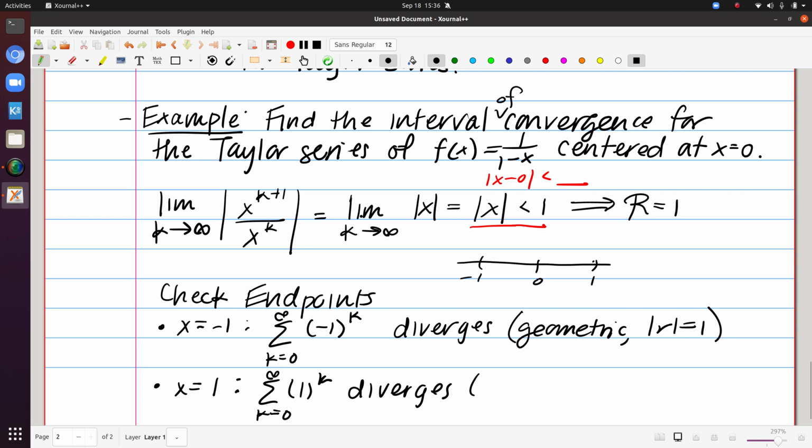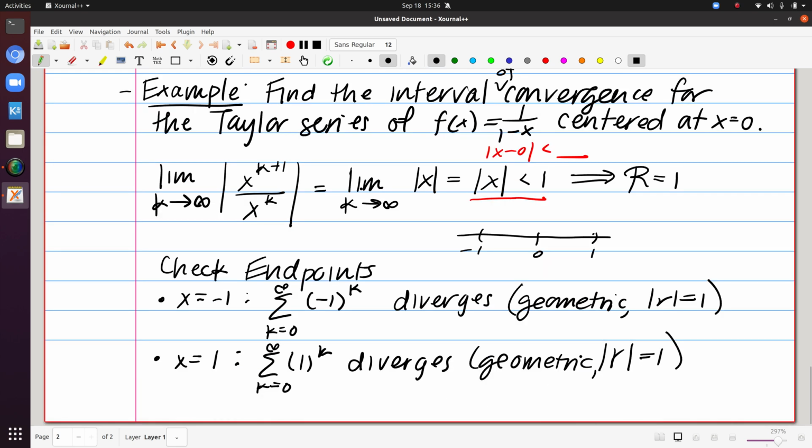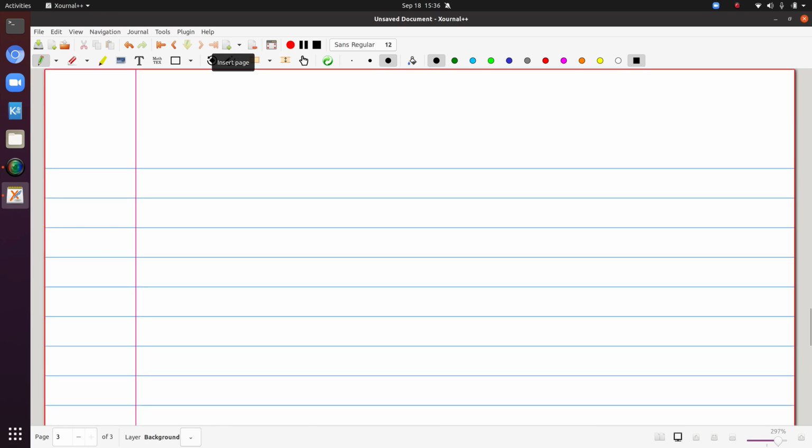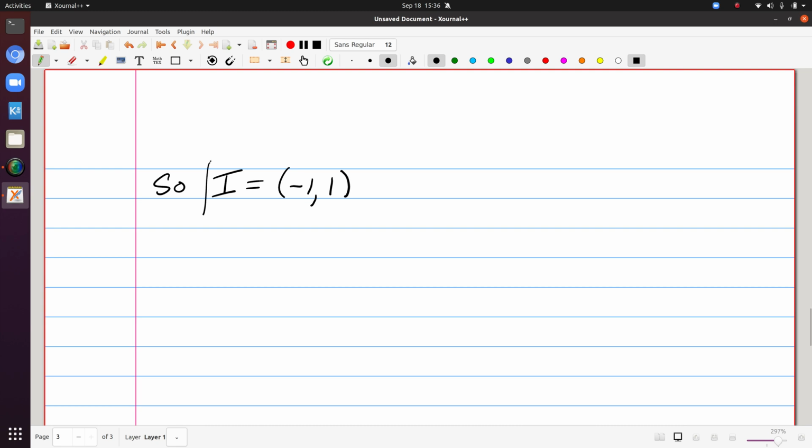One way to justify that is because it is also a geometric series with r in absolute value equal to 1. So we've seen now that both of the endpoints cause our power series to diverge. So the interval of convergence here would be -1 to 1, where we do not include those points.